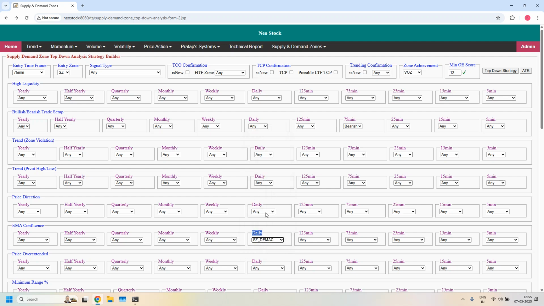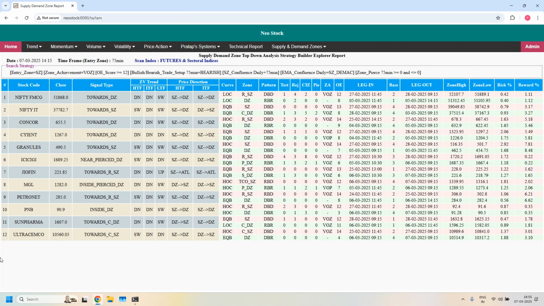Anyway, trend is downtrend in all the stocks because it is bearish trade setup. Now the list has come down to 12 stocks. So these 12 75 minute supply zones might have more high probability to get success. Bearish trade setup for weekly income trade based on LTF, ITF and ITF EMA confluence.